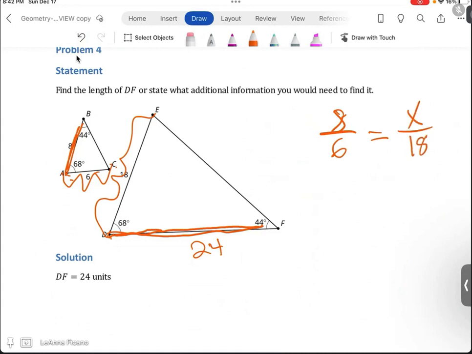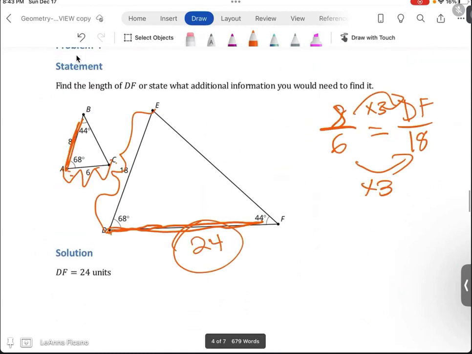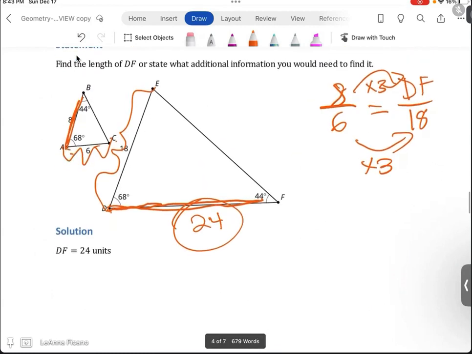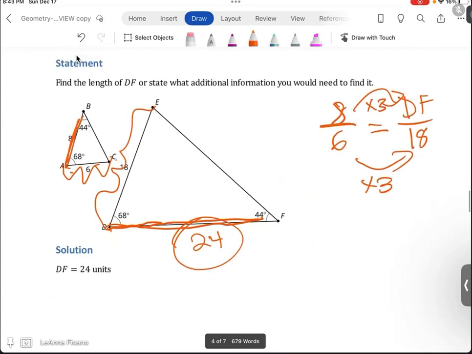And DF we'll just call x. Then you could clearly see 6 times 3 is 18, so we do the same thing to the top, and it's 24. There's a lot of different ways you could get there as long as you're setting up the proportions to show the correct kind of relationship between the parts.